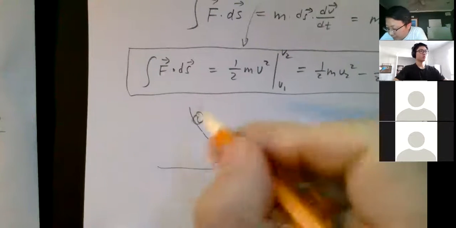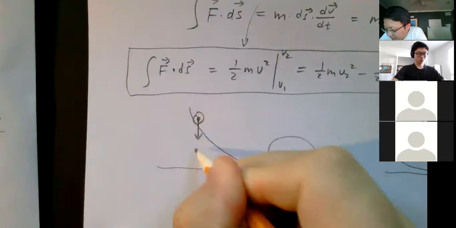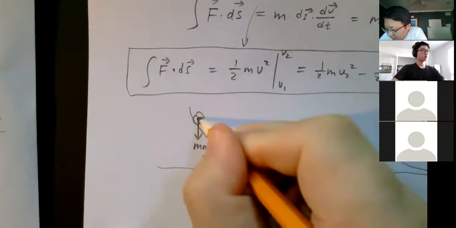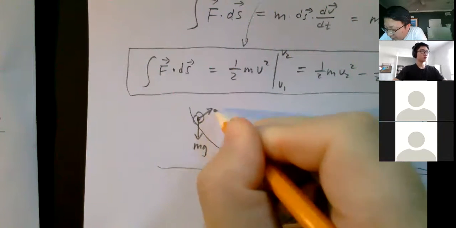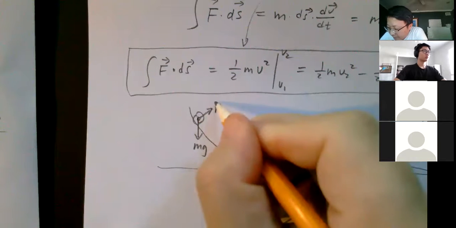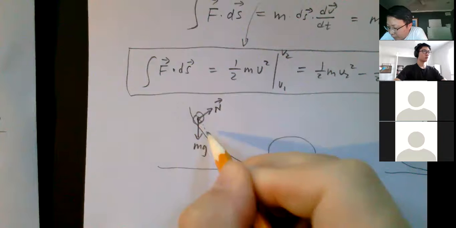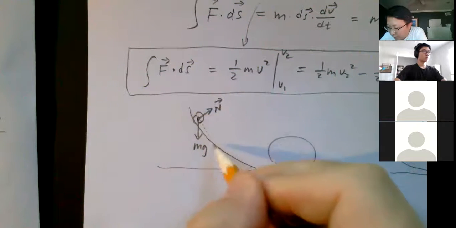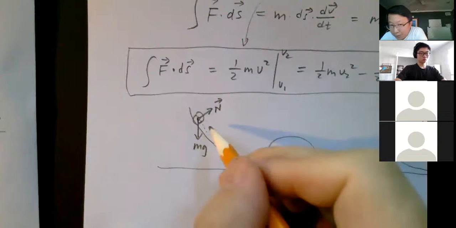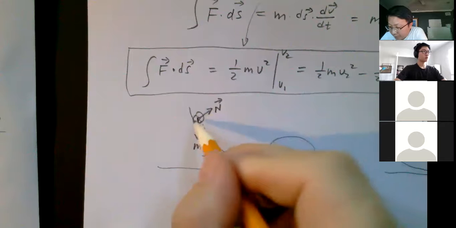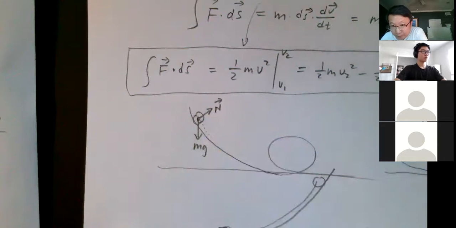So in this case, we have the force mg. The only other force left is called N. This N is always perpendicular to your curve's tangent. Basically, this force is always perpendicular to the surface, correct?